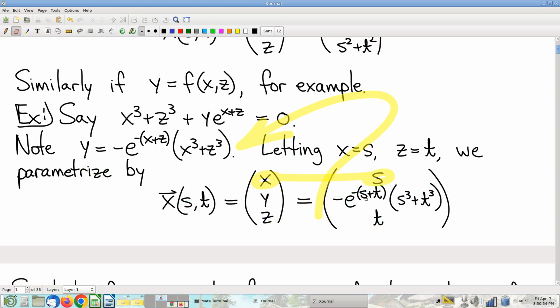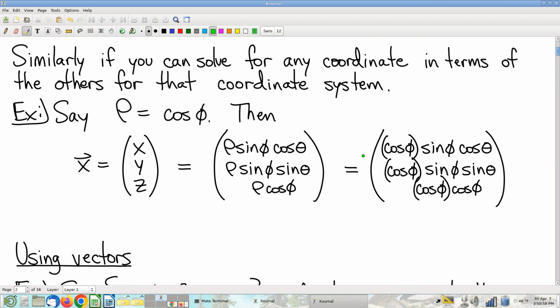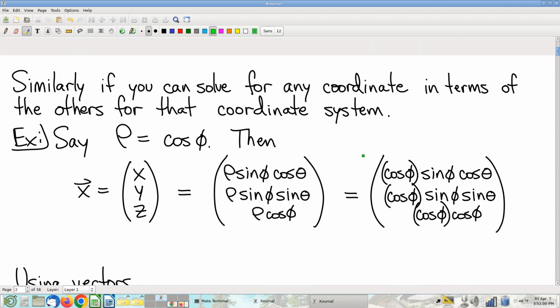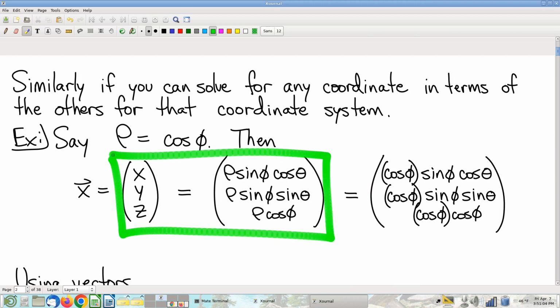Cool. All right. You don't even have to restrict yourself to rectangular coordinates. Now things change a little bit if you use a different coordinate system. Here, notice I'm going to start by very first thing writing down my coordinate conversion formulas. But it remains all you have to do is to have solved for one of the variables in whatever coordinate system you're using.